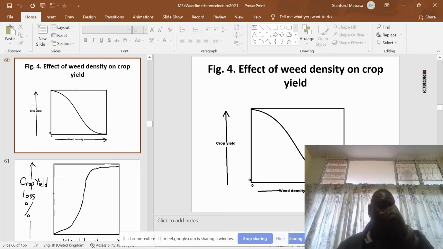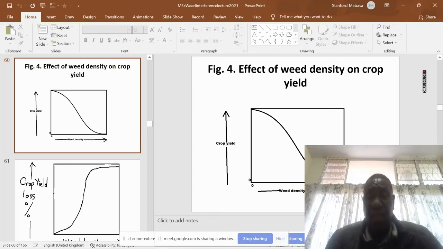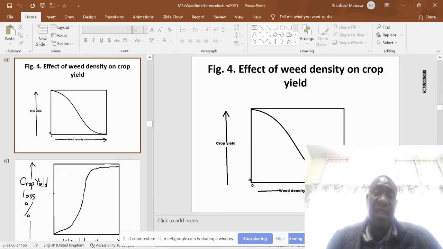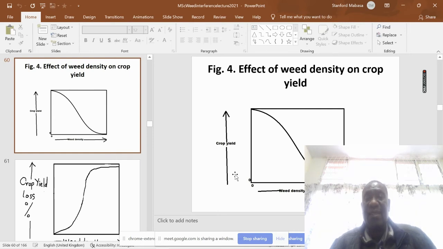This is known as a sigmoidal curve, which was proposed by Zimdal. And please note that we have got weed density on the x-axis, crop yield on the y-axis, and we have got this S-shaped graph.